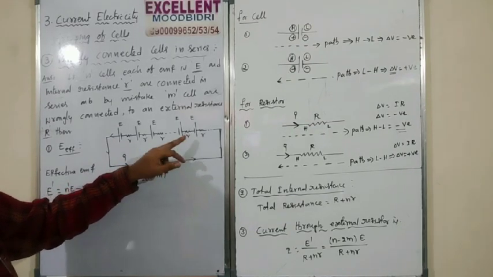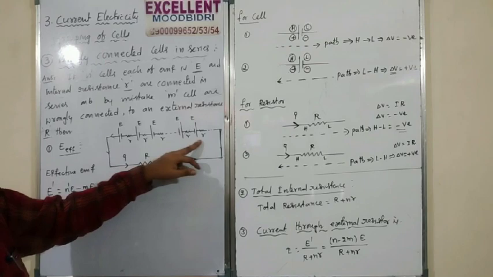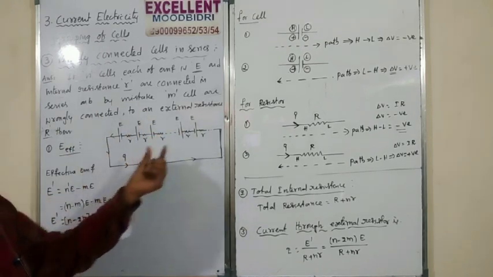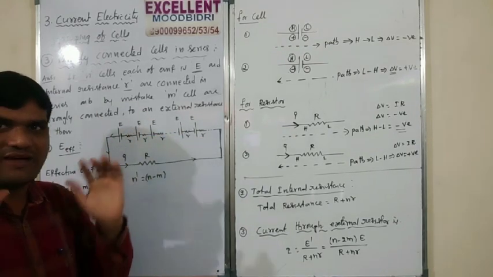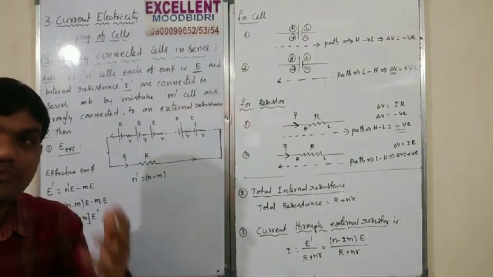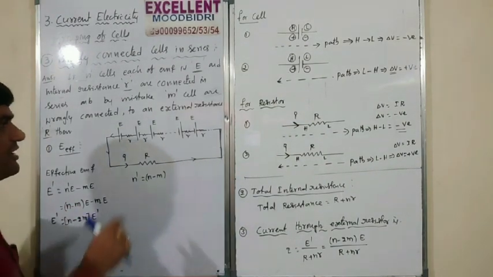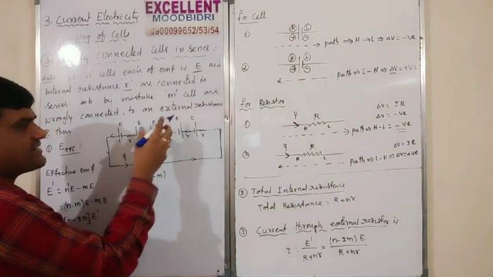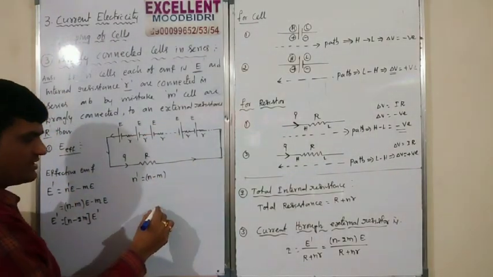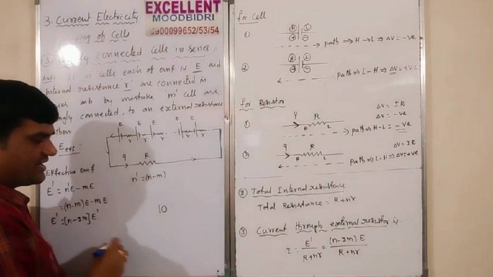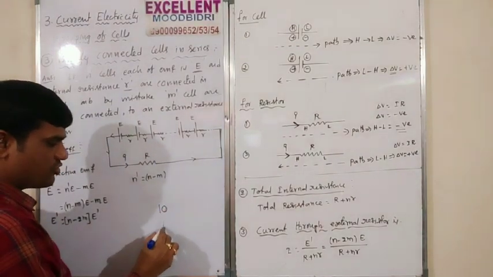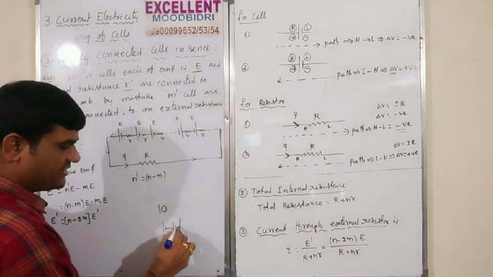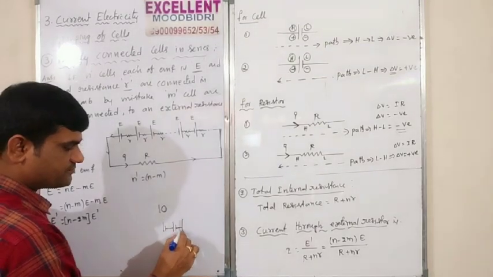So first this one, wrongly connected cells. All are having the same EMF only, right? Same EMF means what would happen? This is the positive, this is the negative, so both are cancelled out. For example, 10 cells are there. 10 cells we should connect in series combination.